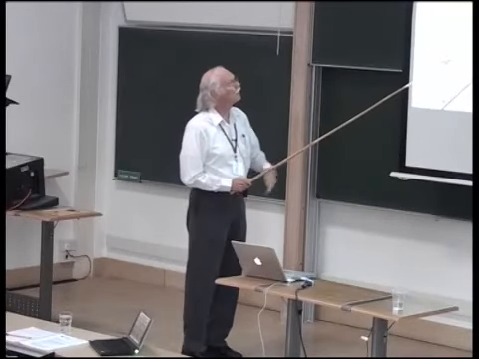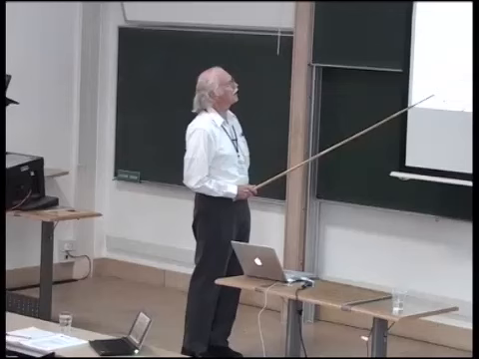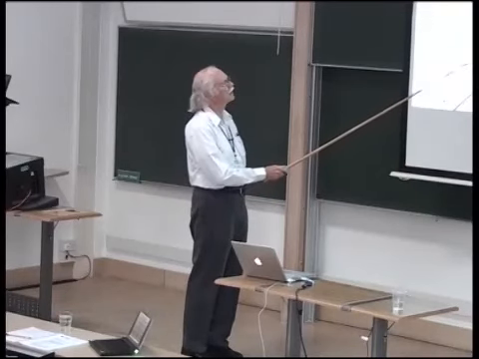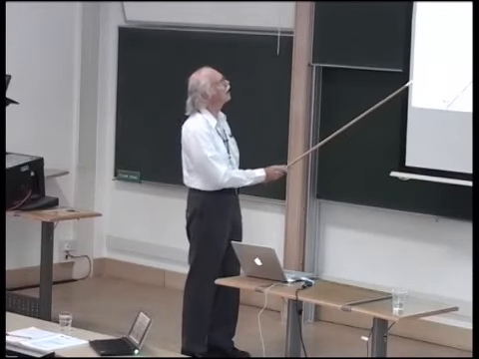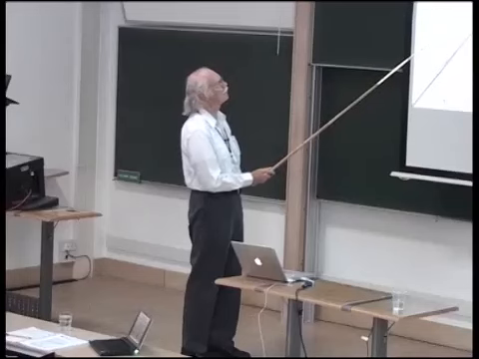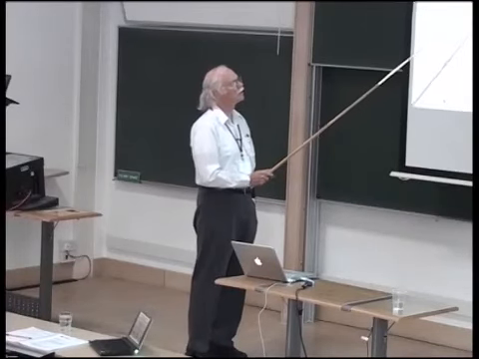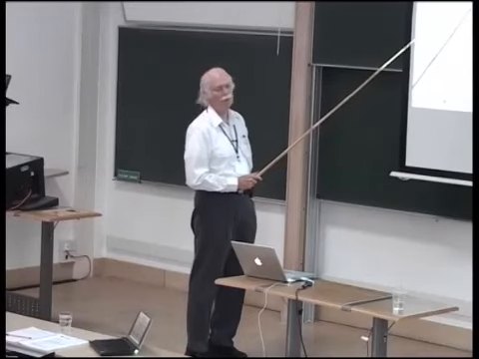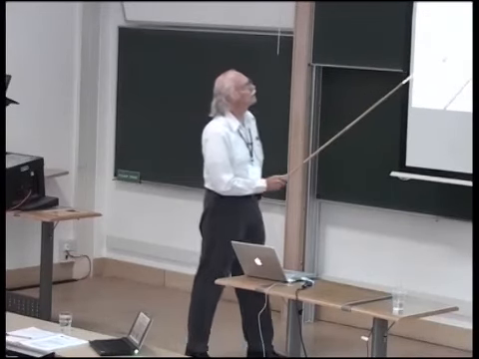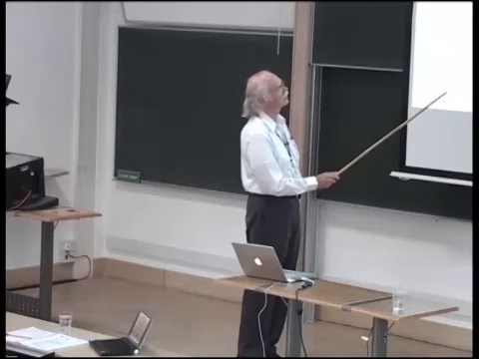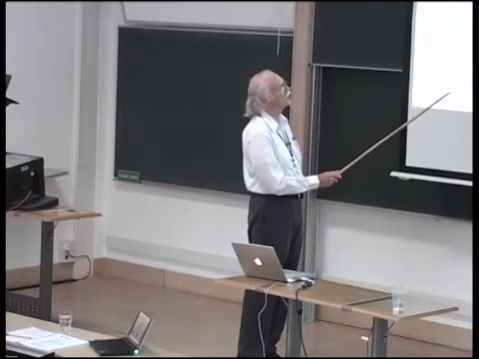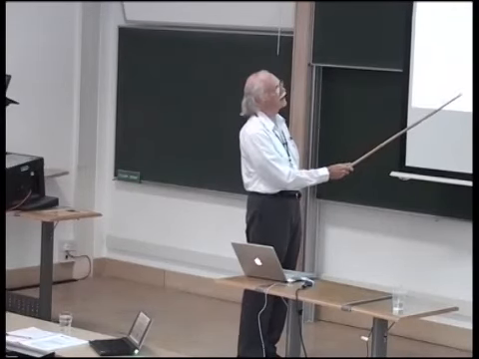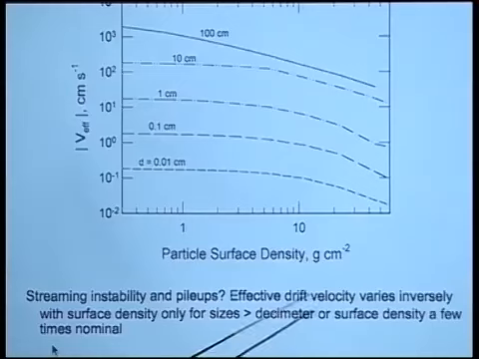However, for nominal cosmic abundances, in this particular case, the surface density would be about here, between 2 and 3 in this model. Depleting the region in particles doesn't really speed up the remaining particles very much, and in fact, in order to get a significant effect in the mean drift velocity, you have to increase this by several times before these curves begin to turn over.